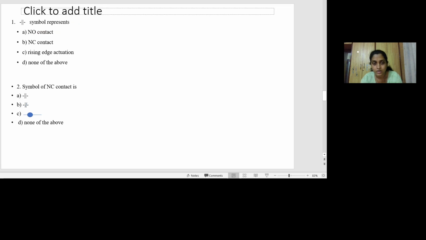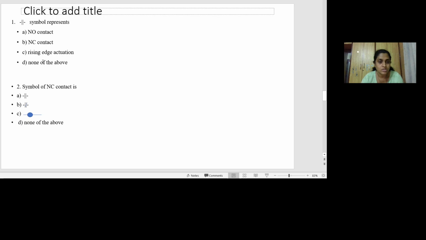Now let's move on to the quiz section. Here the first question is, I've shown a symbol. It represents, the options are NO contact, NC contact, rising edge actuation, none of the above.